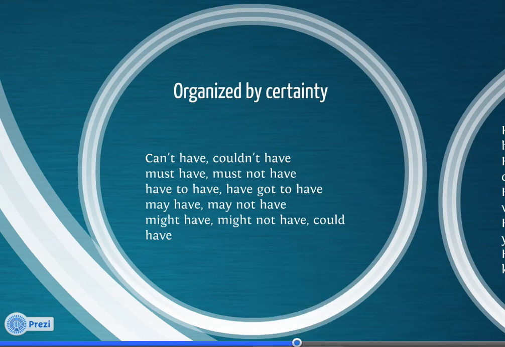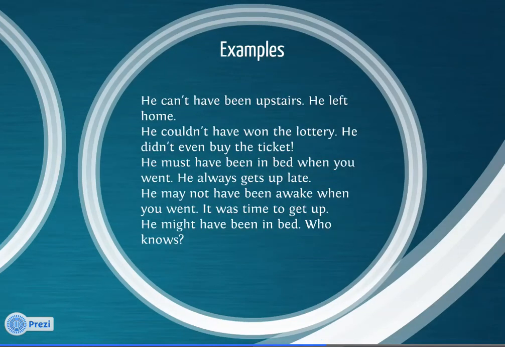Let's see that with examples. For example, he can't have been upstairs. He left home, so I'm sure that it's impossible that he's upstairs. Or he couldn't have won the lottery, he didn't even buy the ticket.